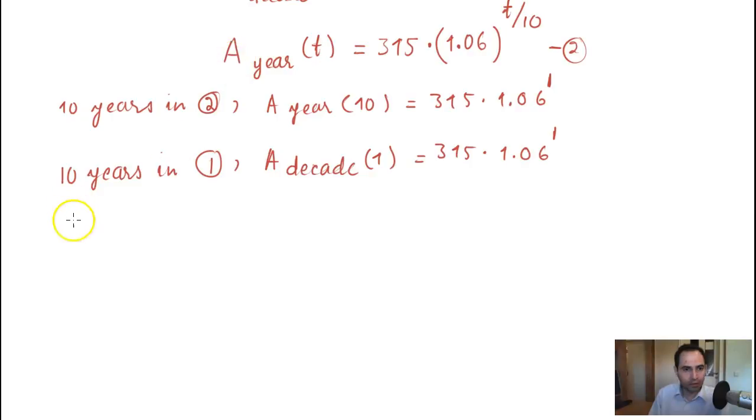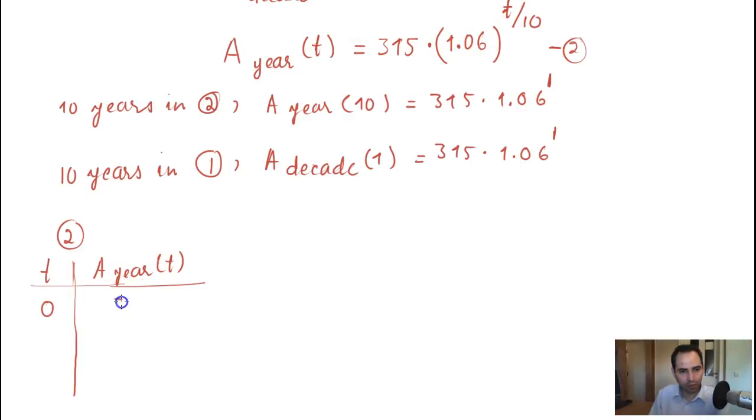So let's say you have this function number 2 here. I'm talking about only this function number 2 right here. And let's say you have t in years, and then you have your A year of t. So if your t is equal to 0 here, your output becomes 315, because 0 divided by 10 is 0, and then this whole number raised to the 0th power becomes 1, and then 1 multiplied by this becomes 315.